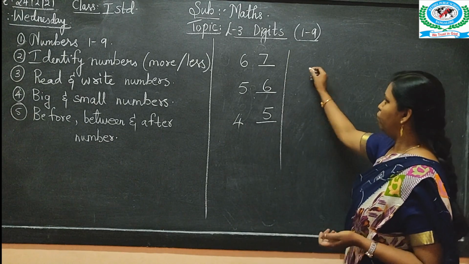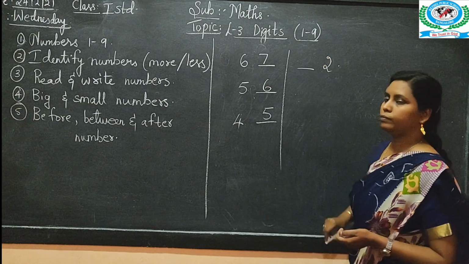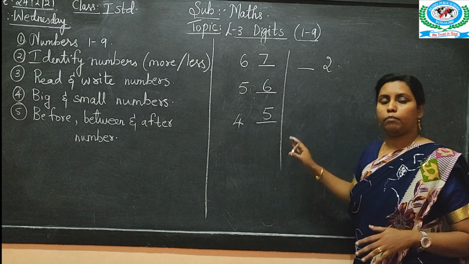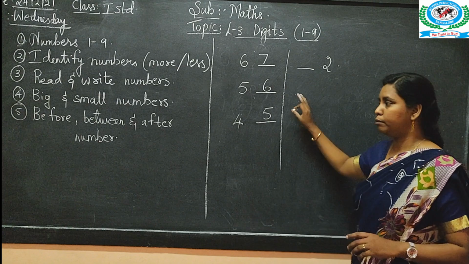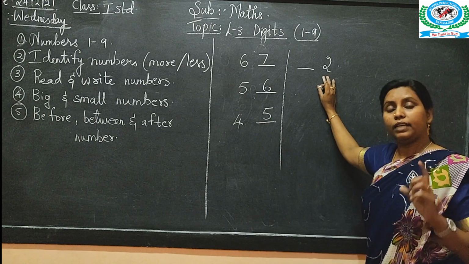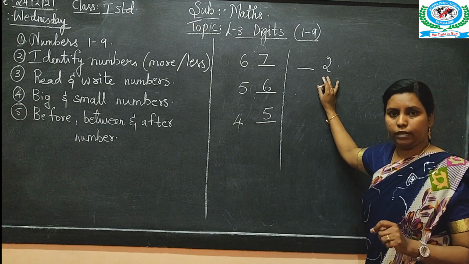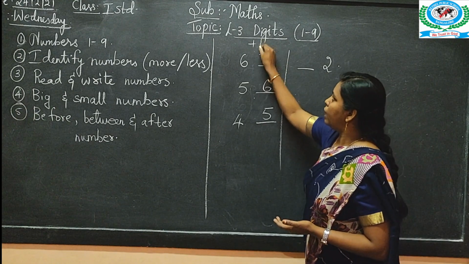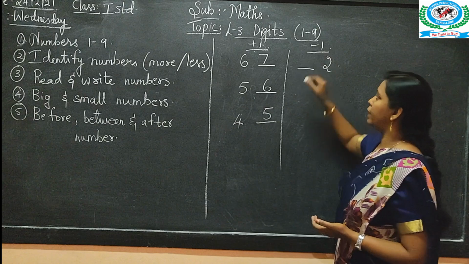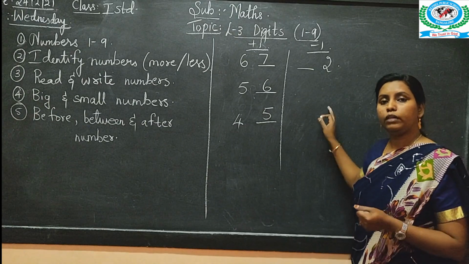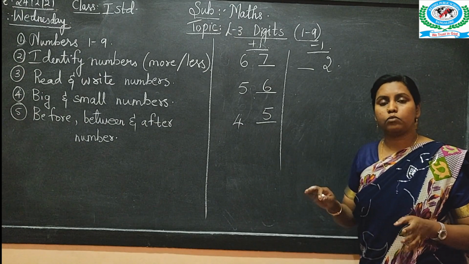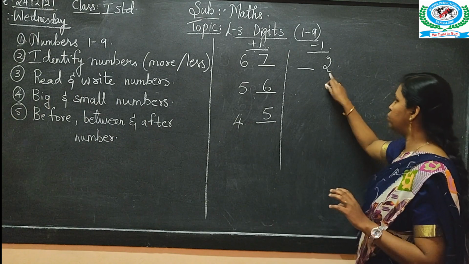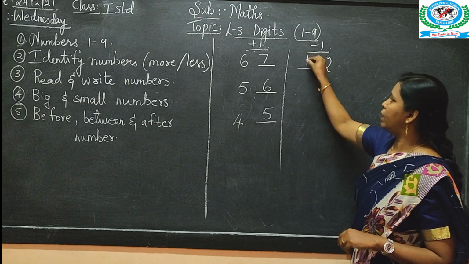Similarly, how to find out the number before? Then you subtract 1 from that, and you will get the number before it. Here you add 1, here you subtract 1. When 1 is subtracted from 2, we get 1.